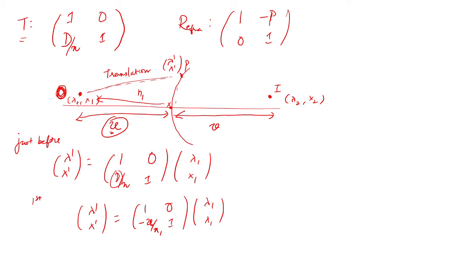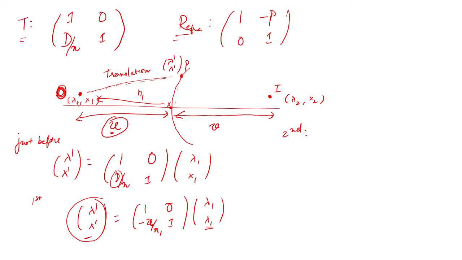Now once you have reached lambda prime x prime, that is point P, you are going to refract because that's right on the lens. So after the first translation, we need to use the refraction. The point that's going to get refracted is lambda prime x prime. So lambda 1 x1 got translated to lambda prime x prime, and then lambda prime x prime is the one that's going to get refracted.